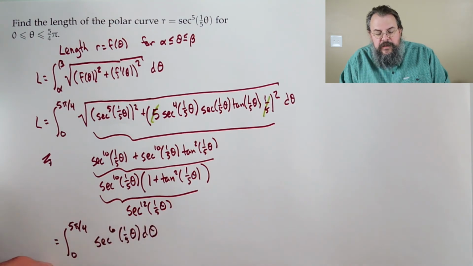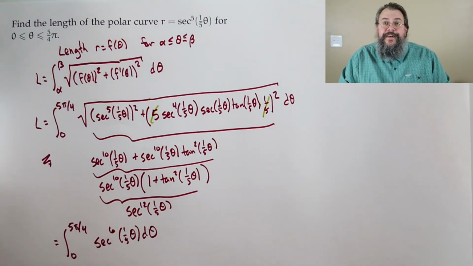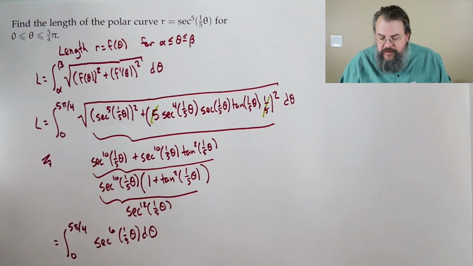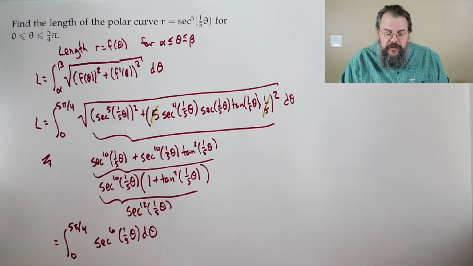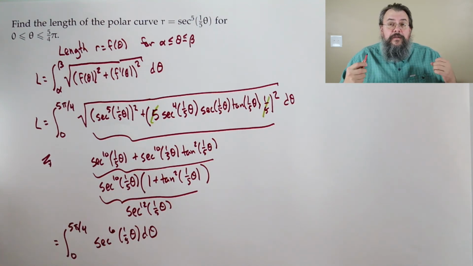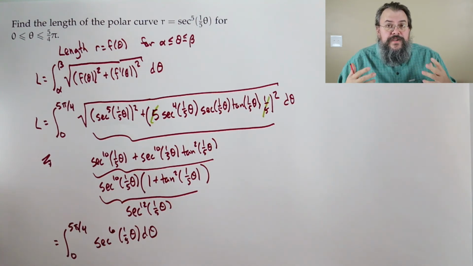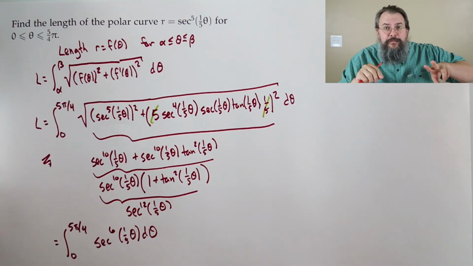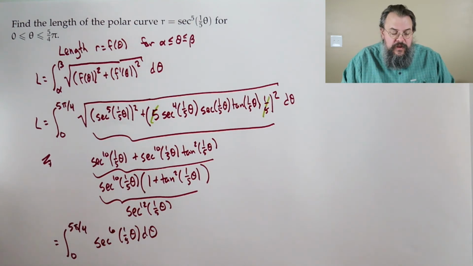All right, good. Now we ask, how do we integrate something like secant to the 6th? It's just secant, and if we see just secants and the power is not odd, phew, thank goodness, then we can pull off a pair of secants at the end.